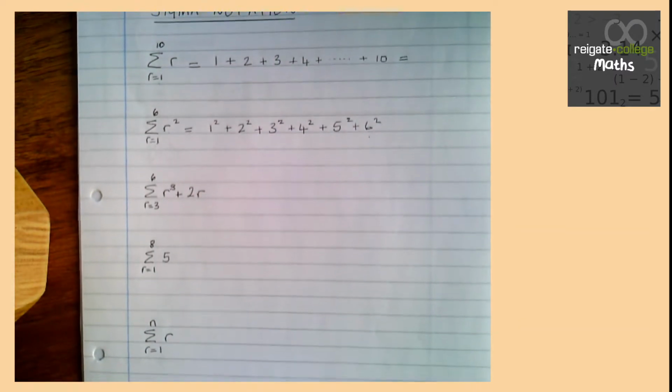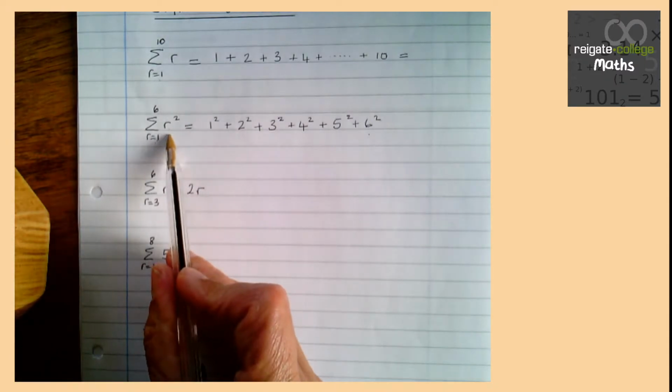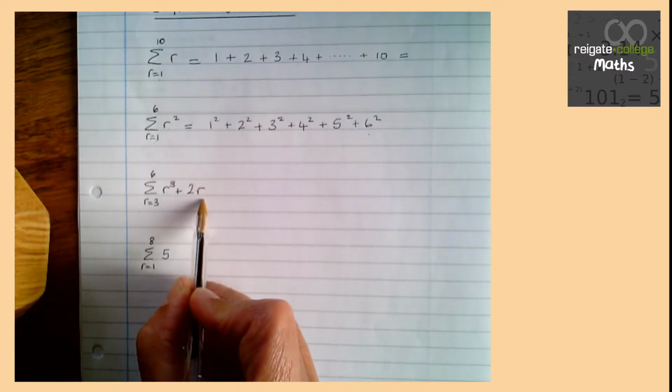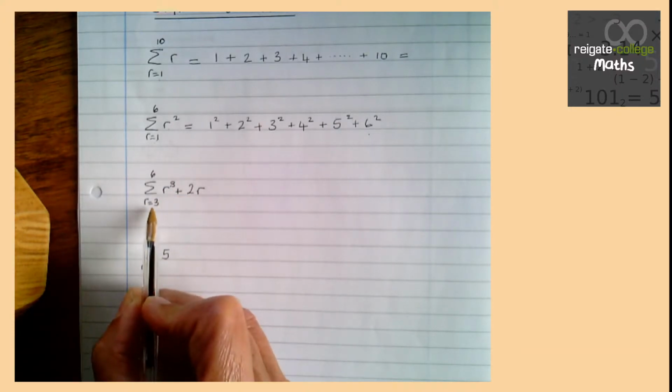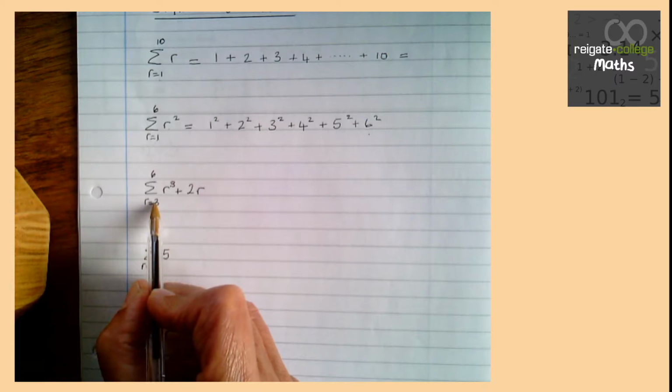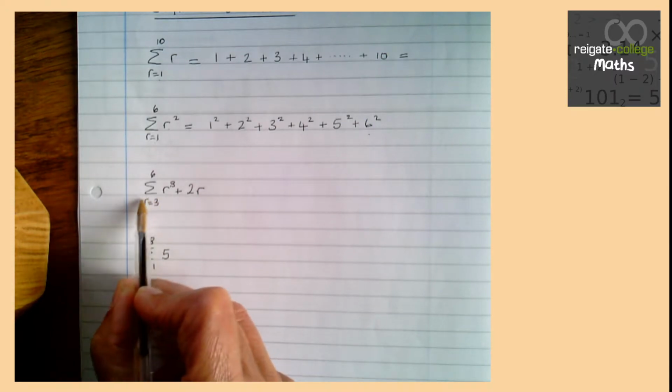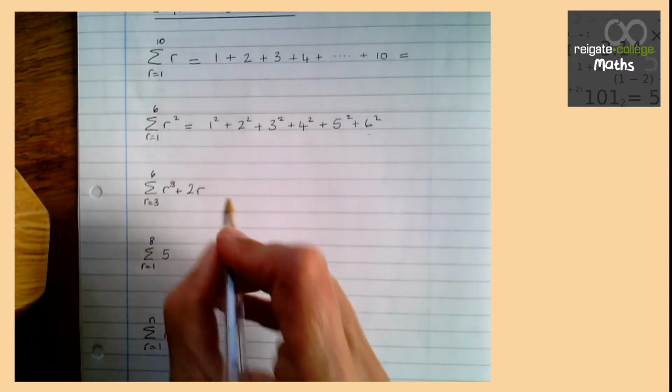It doesn't have to be a single term, we could have an expression here. So I've got here r cubed plus 2r. And I've changed these numbers here, these are called the limits. This time we're going to start with r equals 3.